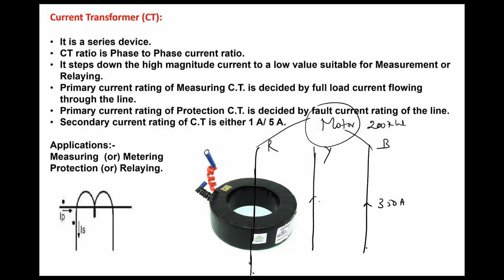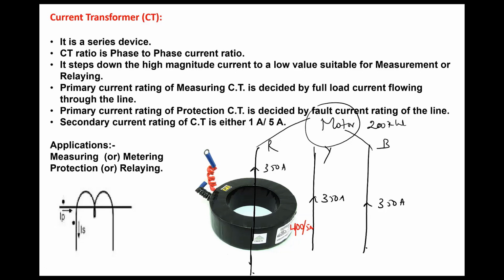Understand? So to measure that 350 amperes or to protect against any overcurrents, you will connect a CT here. Suppose the CT ratio is, let us say, 100 by 5 ampere, or let us say 400 by 5 ampere CT is there. We have connected it.